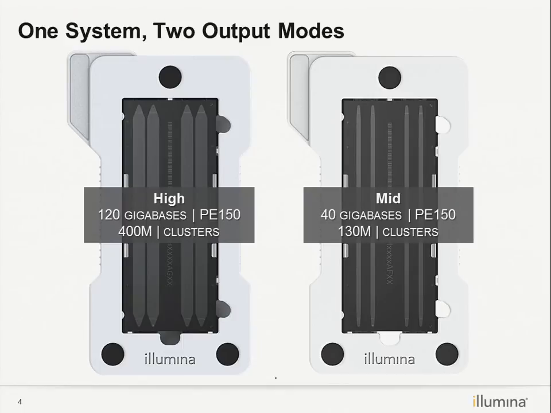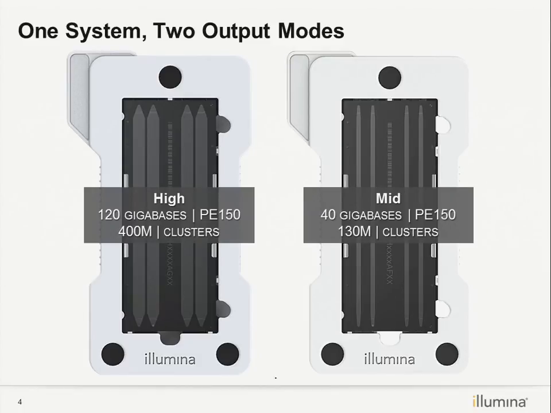If you are talking about the coverage for DNA sequencing or whole genome sequencing, say you want to have 30x coverage, then you need to calculate. If you sequence paired-end 150, you will get 120 gigabases of data.